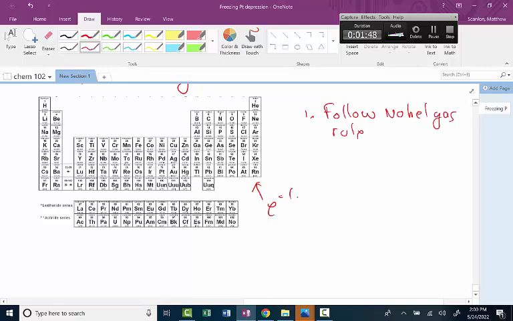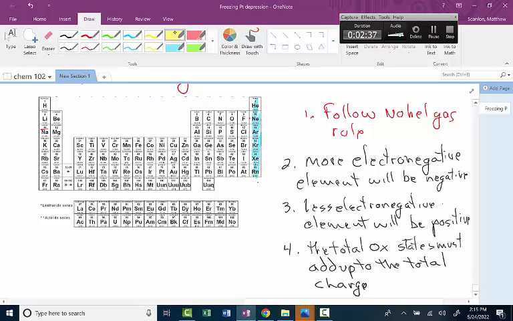And it can either get to 8 by losing a bunch of electrons, like chlorine can lose 7 electrons, that gets it to neon electron configuration, or it can gain electrons. Selenium could gain 2 electrons to get to krypton. And so we're going back to electron configuration and the idea that everything wants to be in this column. Okay, that's the first rule.